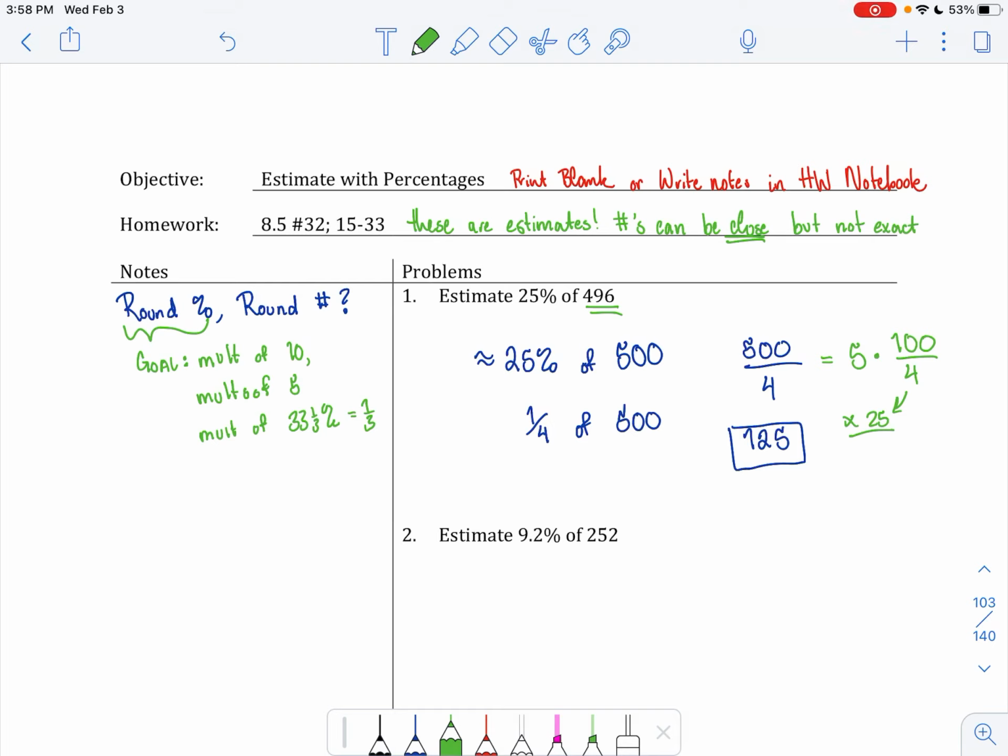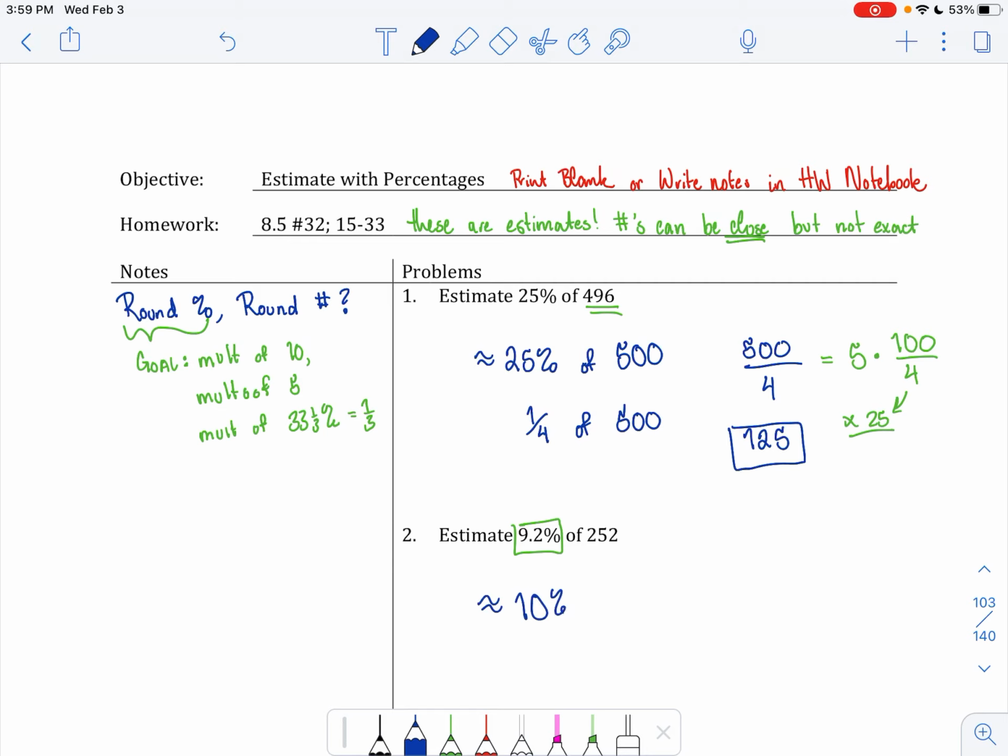Now in number 2, estimate 9.2% of 252. In this case, I probably want to round both. Since my goal with rounding percents is multiples of 10, multiples of 5, I'm going to look at 9.2 and say, oh, that's really close to 10.